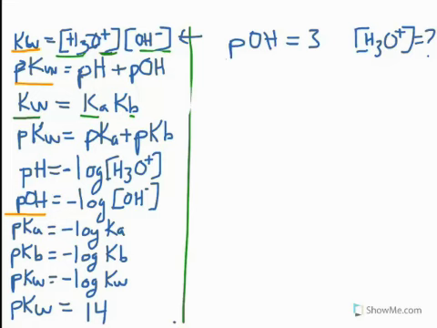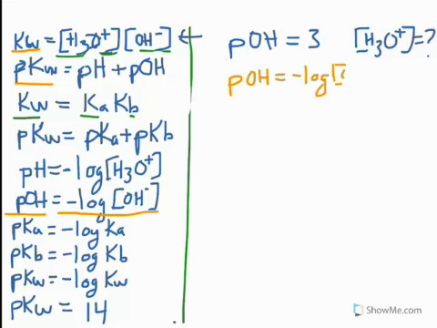To do this problem, I'm going to start here and calculate the concentration of OH. So pOH is equal to the negative log of the concentration of OH.